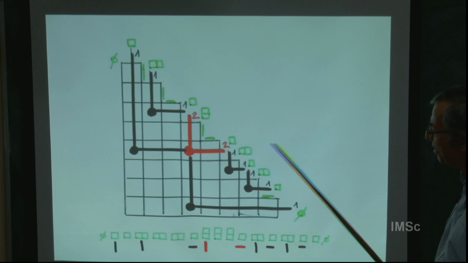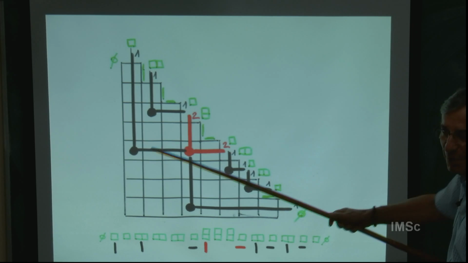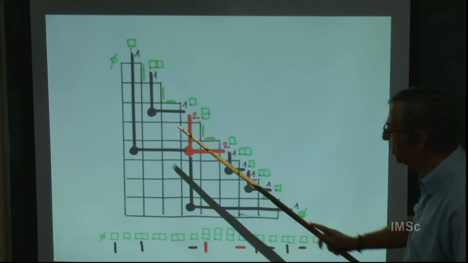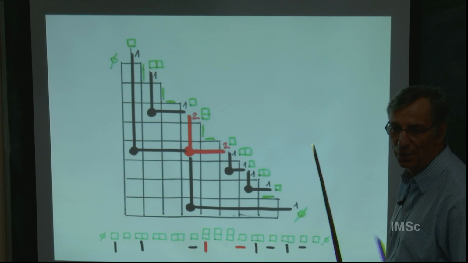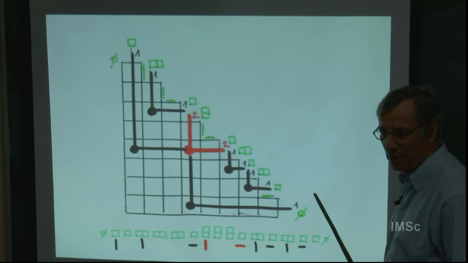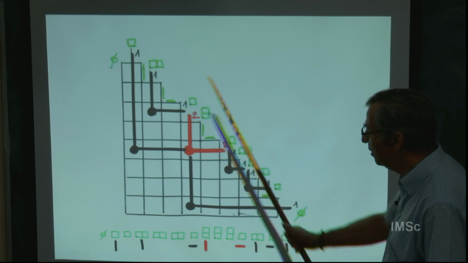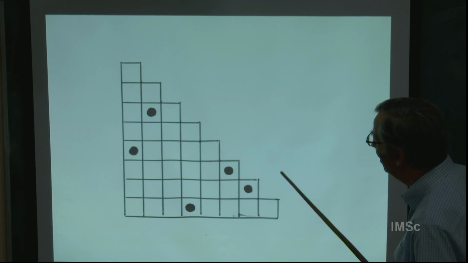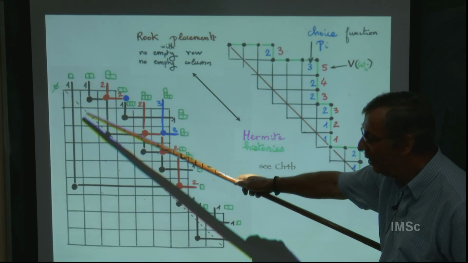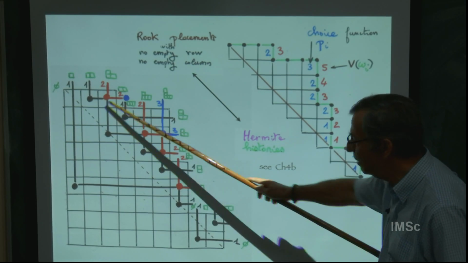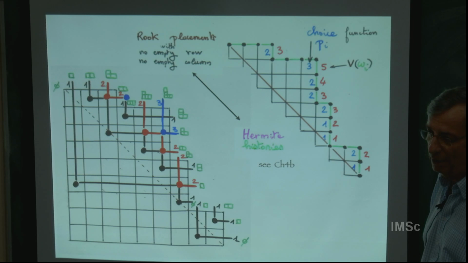I forgot to say that all this lighting is equivalent to local rule, because each time you cross a line of a certain color, you can put a Ferrers diagram everywhere. So the local rule on every one of these diagrams, at the beginning, giving the oscillating tableau, is exactly the same as putting the light.